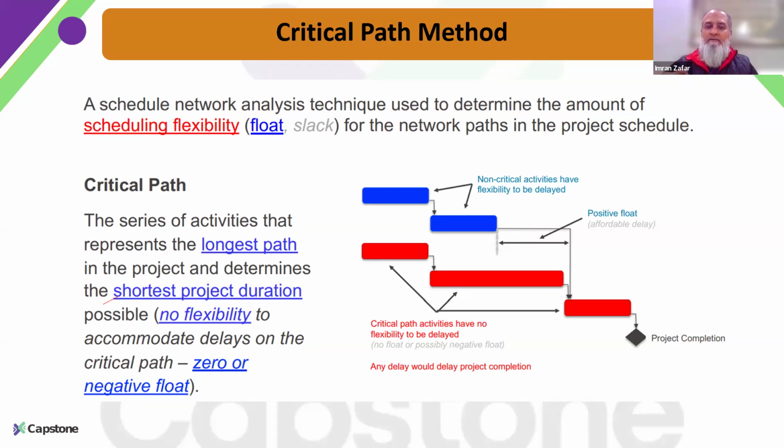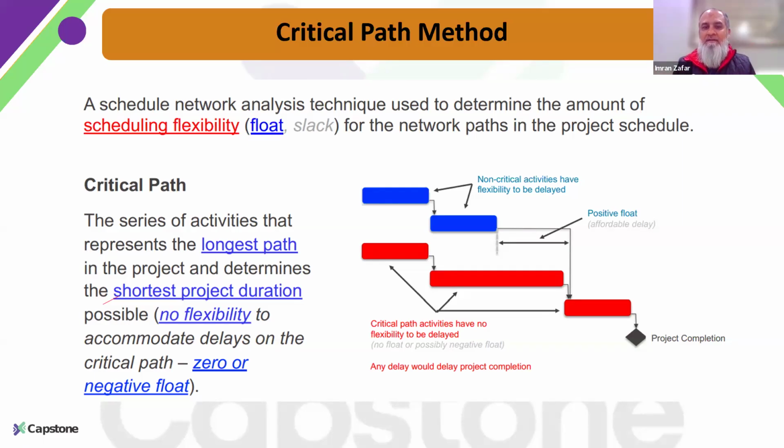Float is basically a flexibility or some time period that can be there between two activities. So any activity on the critical path does not have any float or slack available, and any delay on this critical path means that our project will get delayed.